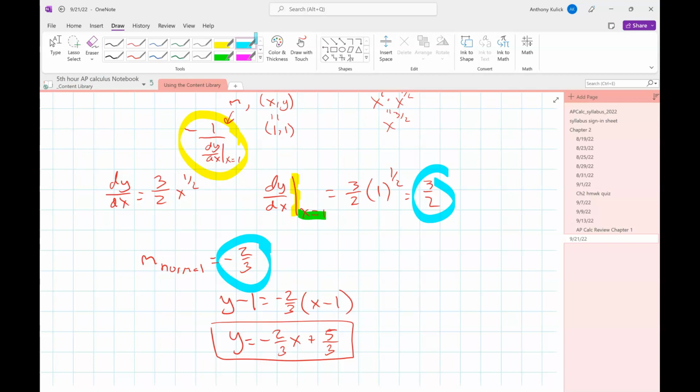The normal is perpendicular to the tangent line. So I found the slope of the tangent line, that was the 3/2, and then took the negative reciprocal to get the slope for my normal line. So you found the tangent line by taking the derivative of the function, and the normal line by taking the negative reciprocal. Yep.